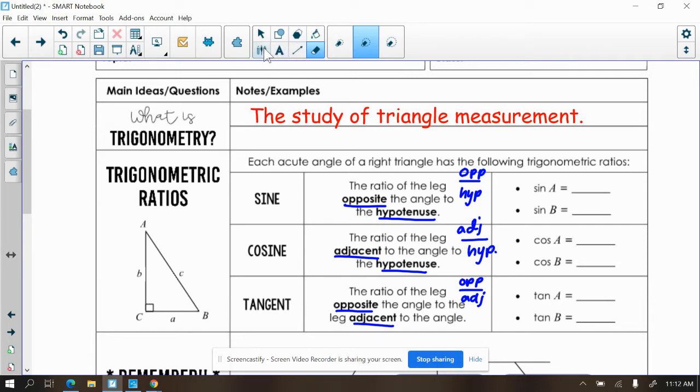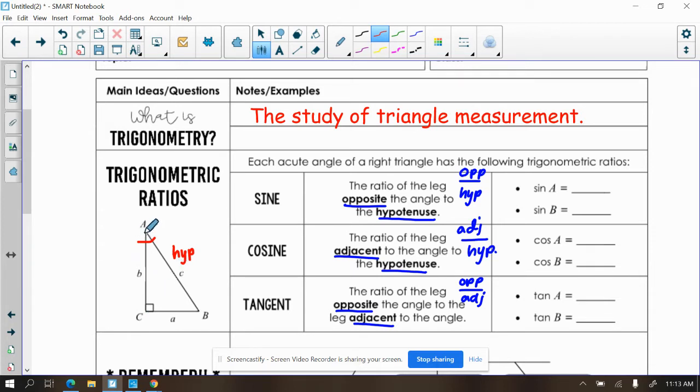I look at angle A. The hypotenuse always stays the same because it's across from the 90-degree angle.